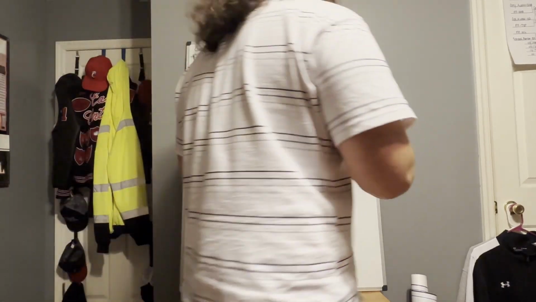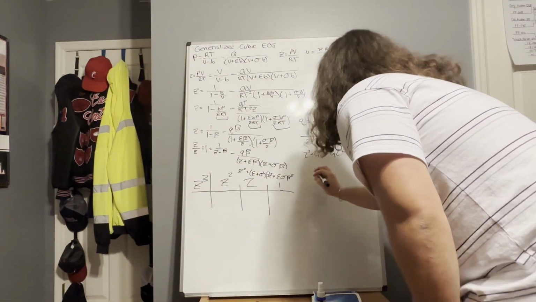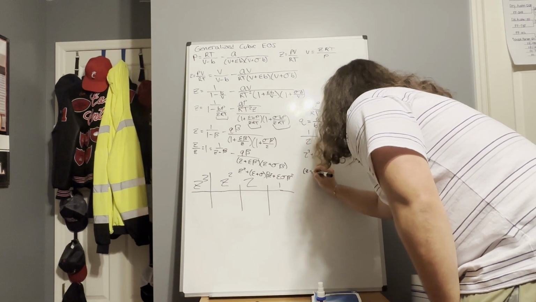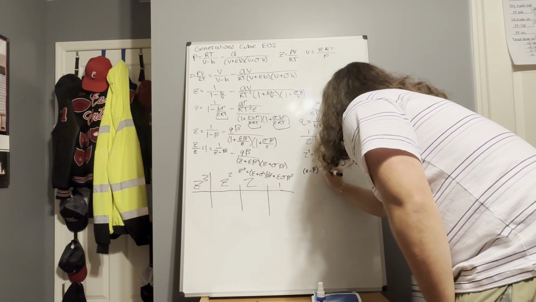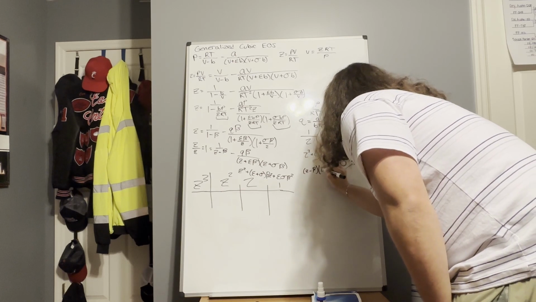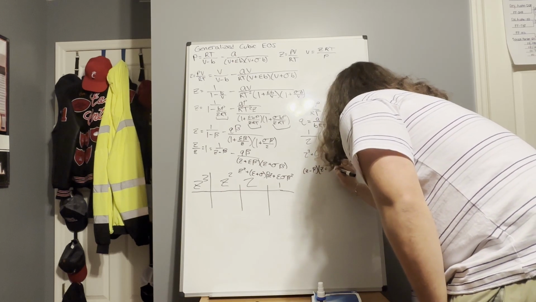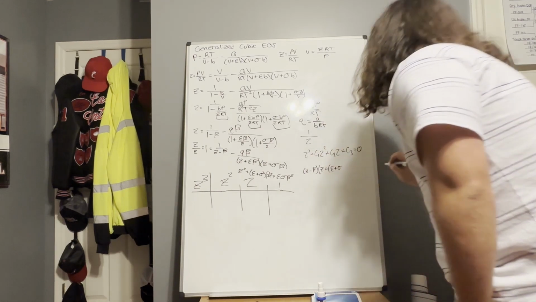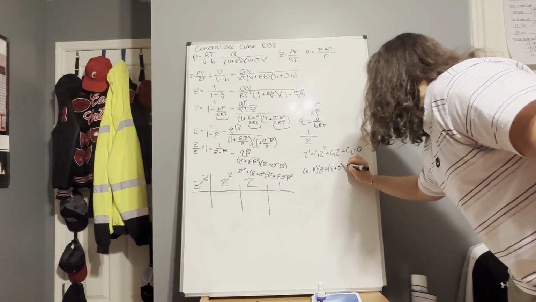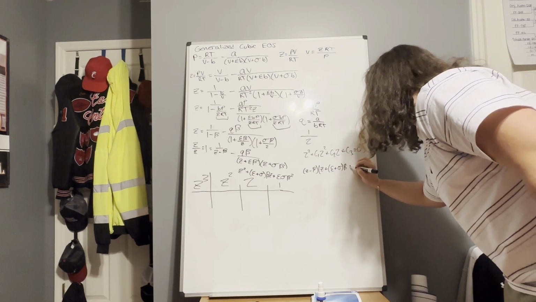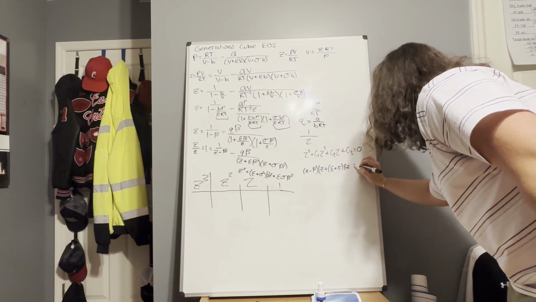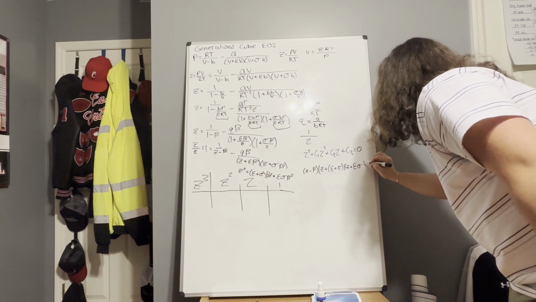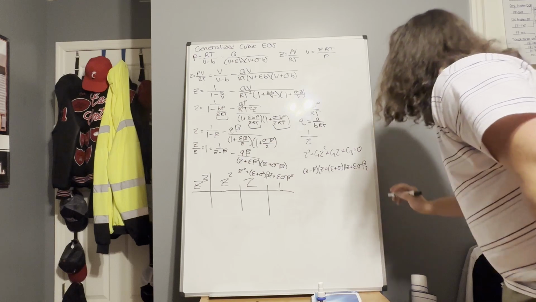So our common denominator is going to be Z minus beta over Z plus epsilon plus sigma times beta Z plus epsilon sigma beta squared.